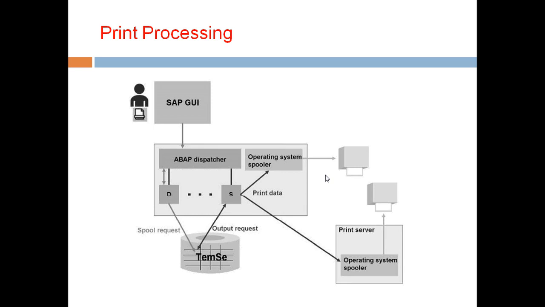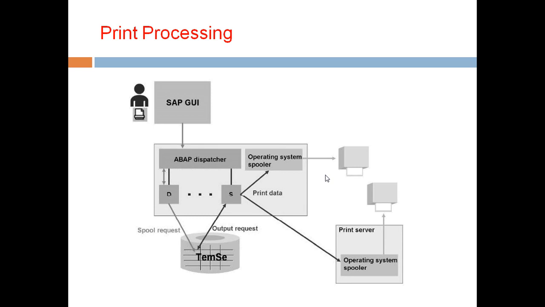You can give the print either locally or remotely. For example, you have a printer in the Chicago location, and you are trying to print from another location like Washington, which is the central location. Even so, you can print it remotely.